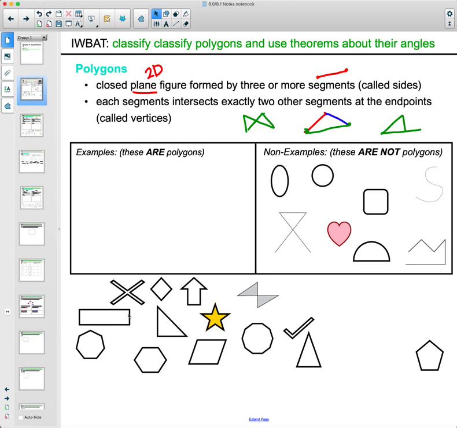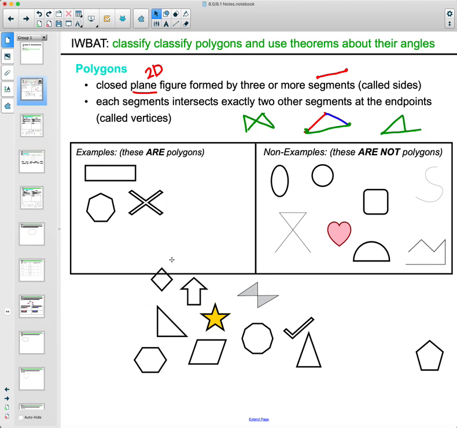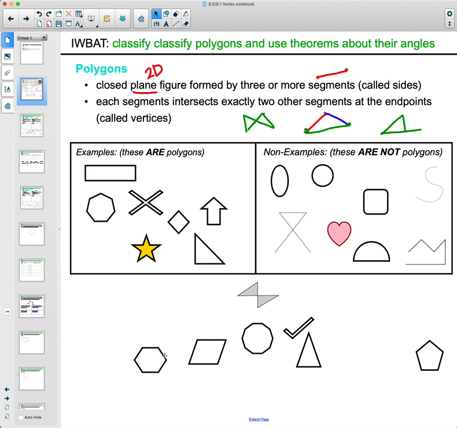If we take a look at the rest of these, we've got straight lines intersecting on the edges. This one might be a little bit confusing because maybe you'd initially think it's not, but it has all straight sides, nothing overlapping, no tails, nothing extending, it's closed. Same with this one, these ones are all good. This one's good, all straight sides.